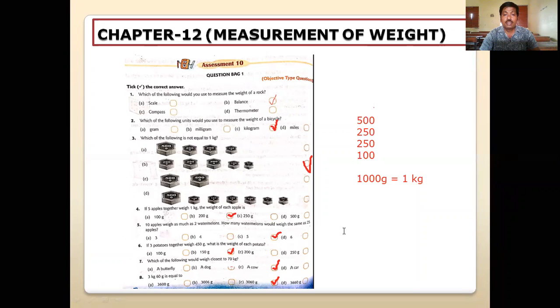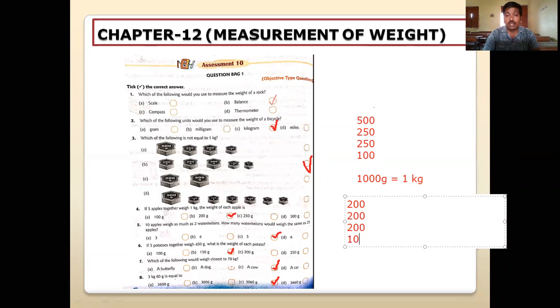Here we have 200 gram, 200 gram, plus 200 gram, and another 200 gram, then 100 gram, and the last is 50 gram. When we add them, we get 200, 400, 600, 700, and 700 plus 50 is 750 gram.